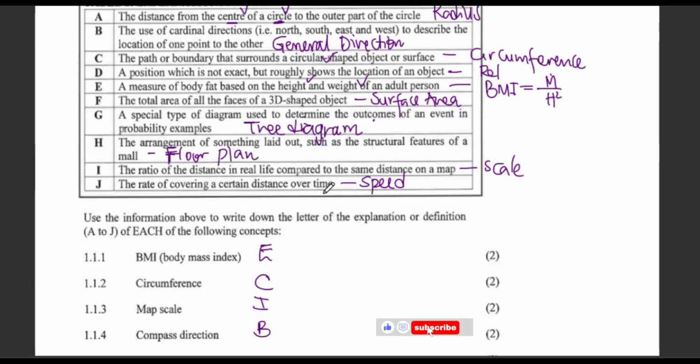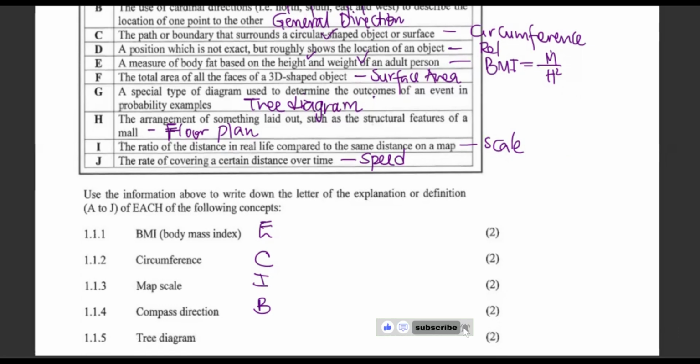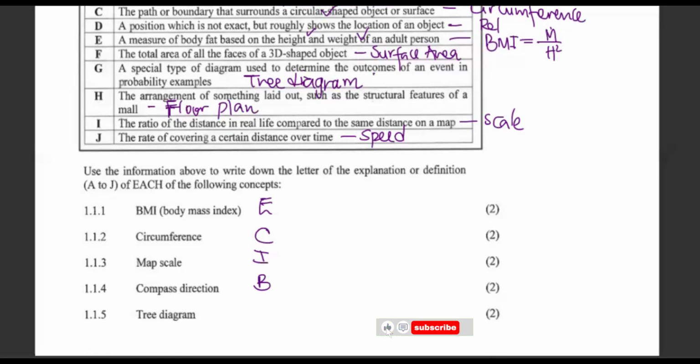Compass direction, why are we taking that? Because we've seen the cardinal directions, north, east, south, west. Then the tree diagram, we are saying it's G. All right.